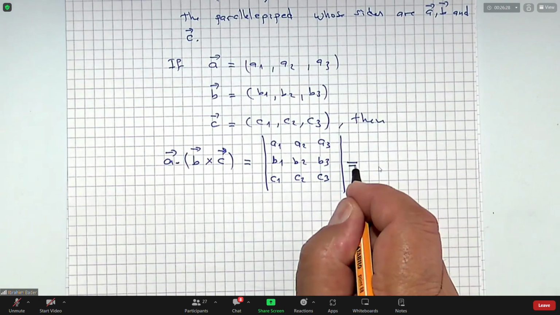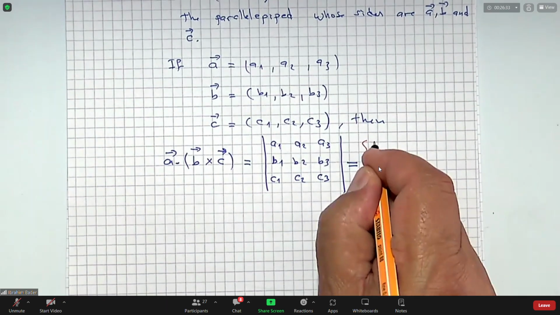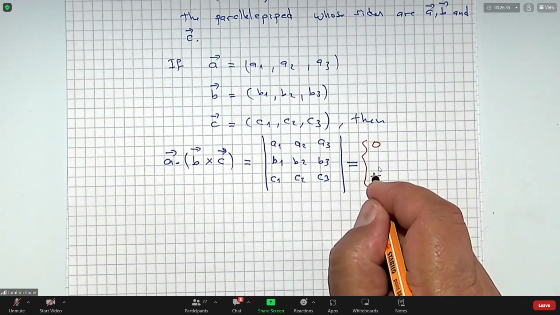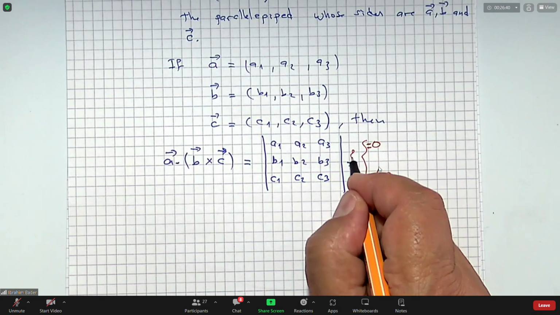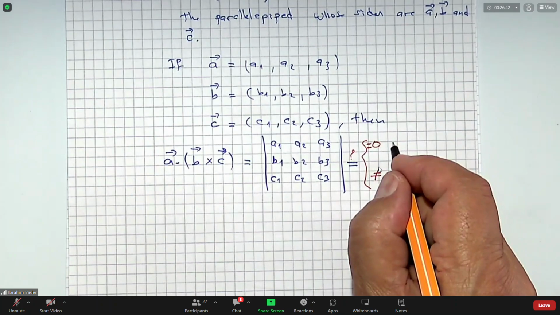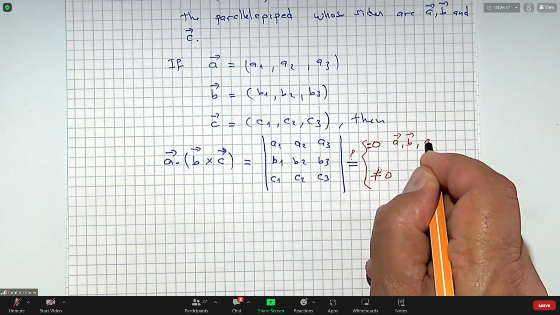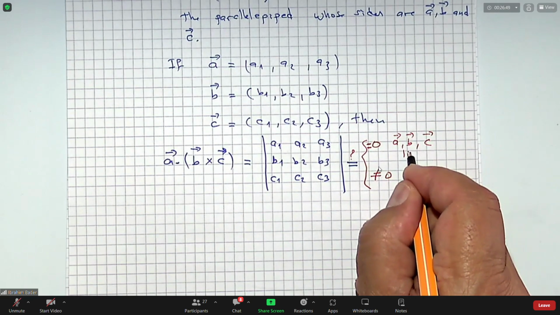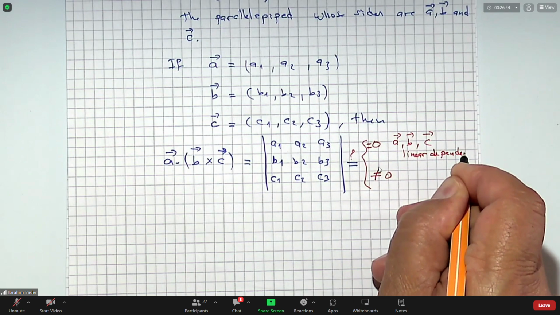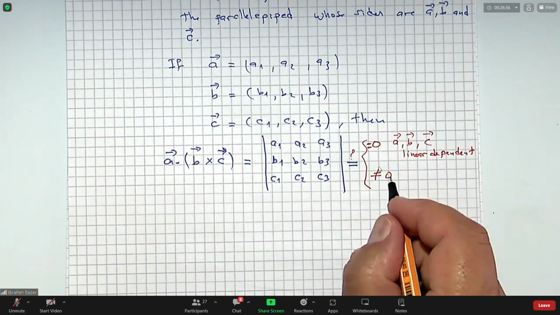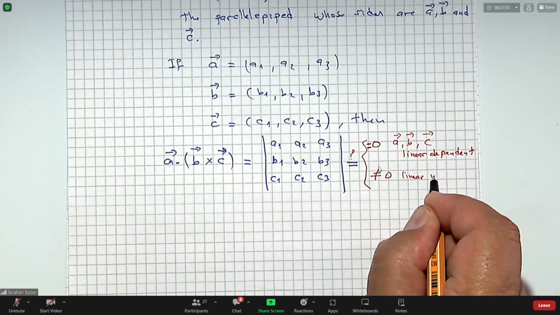If this is equal to 0, then A, B, C, the vectors are linearly dependent. If it's not equal to 0, then the vectors are linearly independent.